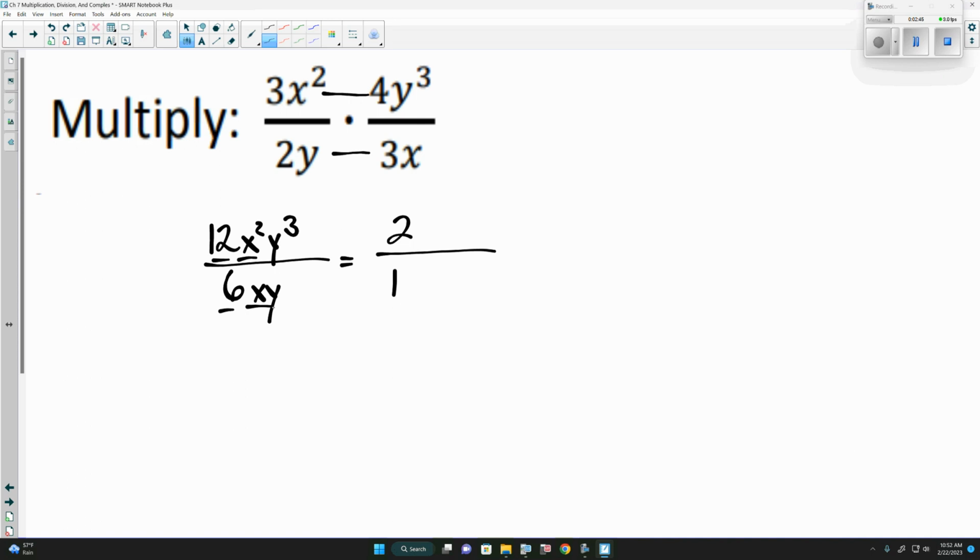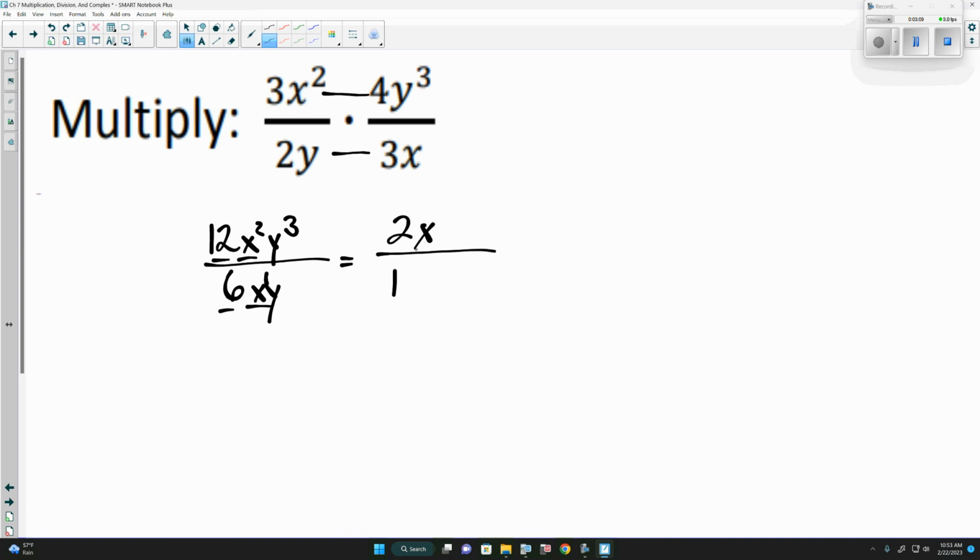X squared over x. Whenever we have like bases dividing, we subtract the exponents, because 2 minus 1 is 1. Now the question I normally ask is, is the bigger exponent on top, or is there a bigger exponent on bottom? On top, so they stay on top. Because really what we have is 2 x's on top, 1 on bottom.